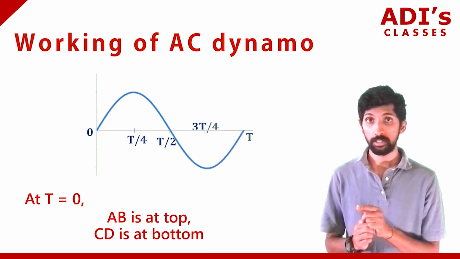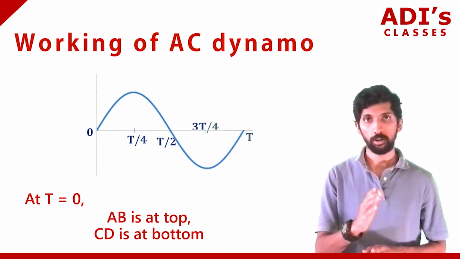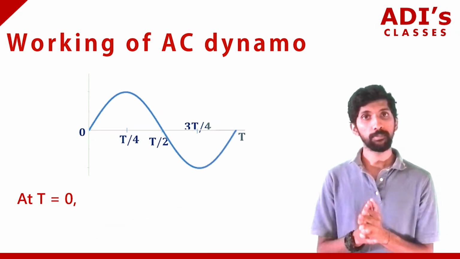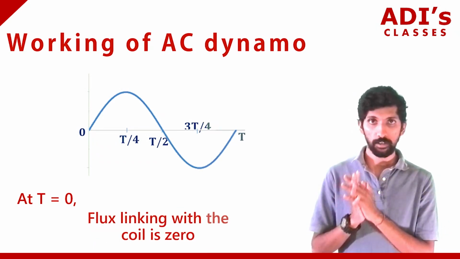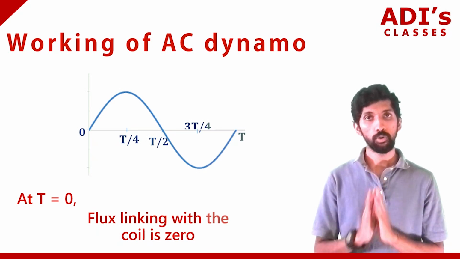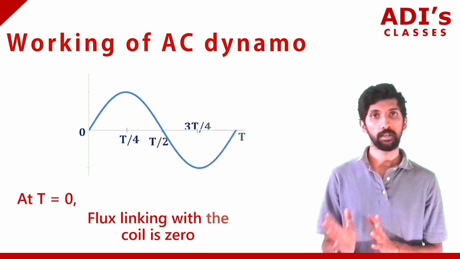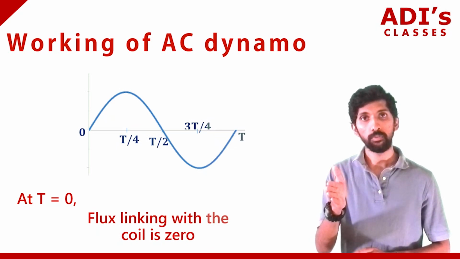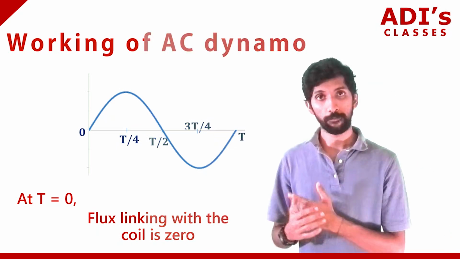Why? Because remember BA cos theta for magnetic flux; in this case theta is 90, so phi becomes 0. No flux, so no EMF. EMF is 0.